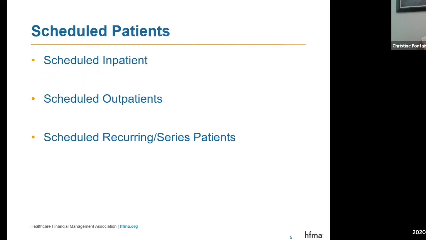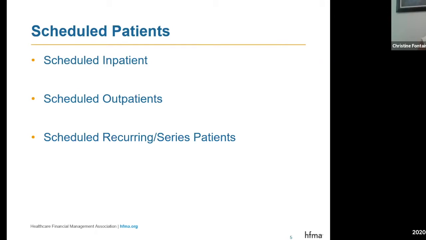Patients are considered scheduled if the healthcare facility knows that the patient is coming ahead of time. Healthcare facilities normally schedule services that are high dollar and require significant pre-processing to ensure appropriate reimbursement or significant resource coordination.